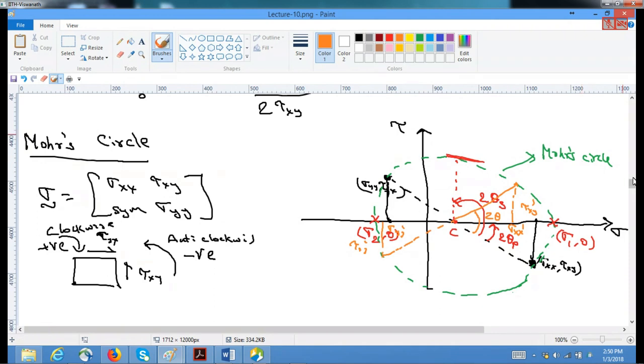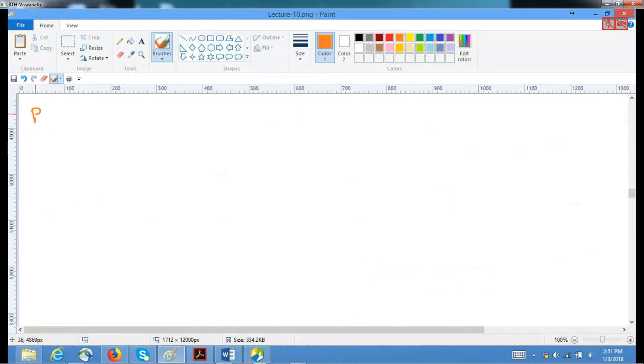I would suggest you should practice how to draw the Mohr circle for different stress states so that you get much more acquaintance. But now I will do an example of pure shear, which I have mentioned earlier, so that I will convince you that what we have discussed earlier is not a bad thing at all.